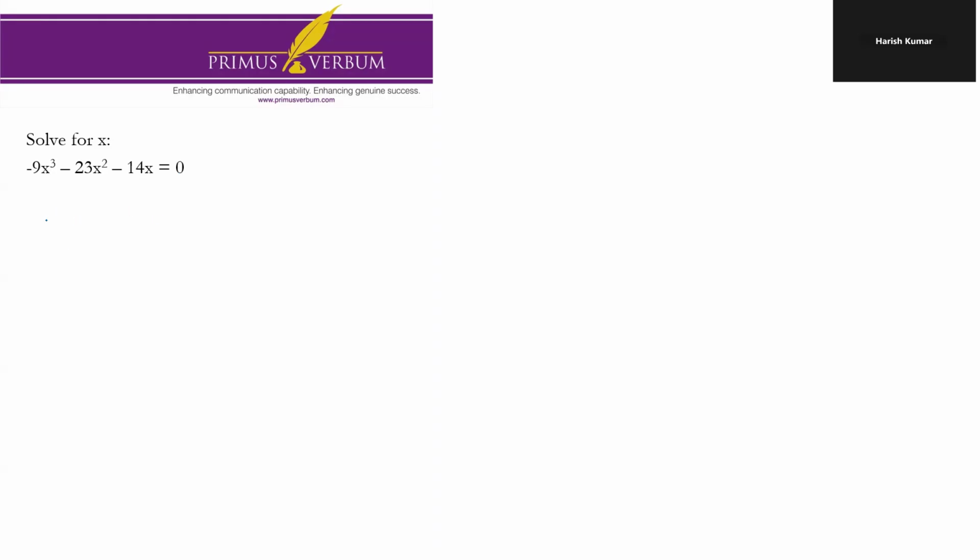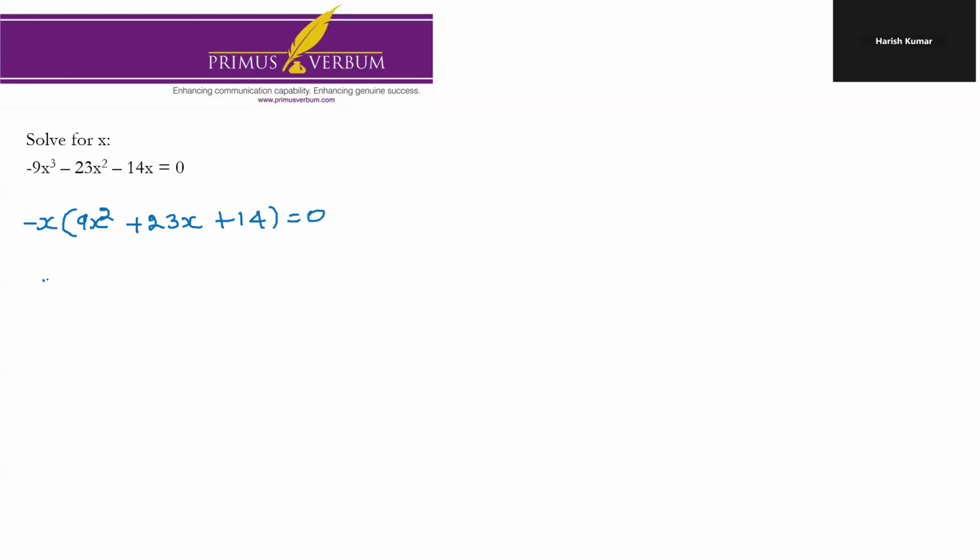So what I can do is I can try to factor out the highest common factor, that is minus x, or even x. I can even take out x, but I prefer to take out minus x. So I will have 9x squared plus 23x plus 14 equal to 0.